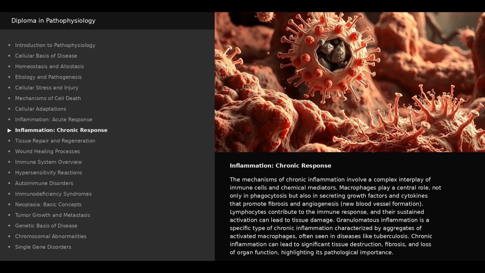Granulomatous inflammation is a specific type of chronic inflammation characterized by aggregates of activated macrophages, often seen in diseases like tuberculosis. Chronic inflammation can lead to significant tissue destruction, fibrosis, and loss of organ function, highlighting its pathological importance. Pathophysiology explores the long-term consequences of this sustained response.